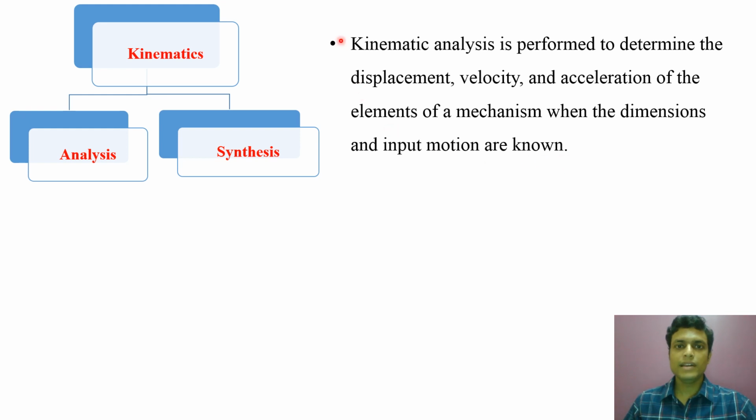So in kinematic analysis, the dimensions of all links of a mechanism and the input motions are known. We have to determine the displacement, velocity and acceleration of the mechanism.